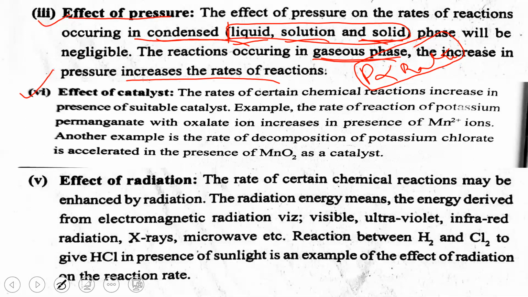So the next one, the effect of catalyst. Catalyst means it is a chemical substance. When you add a catalyst to any reaction, what happens? What is the behavior of the catalyst? The catalyst does not get involved in the reaction, but it affects the rate of the reaction.